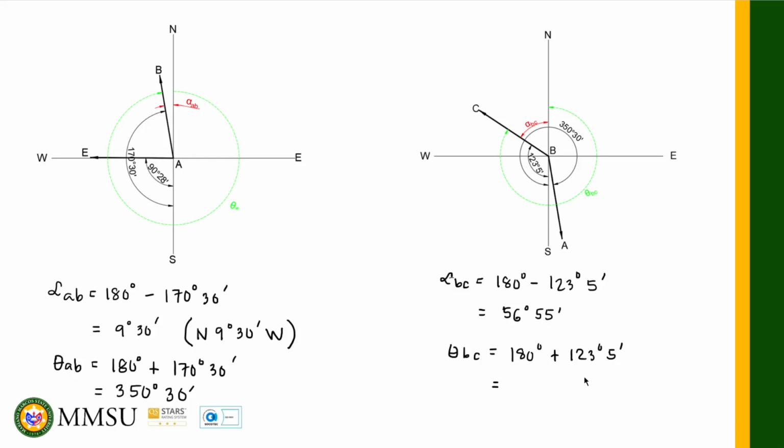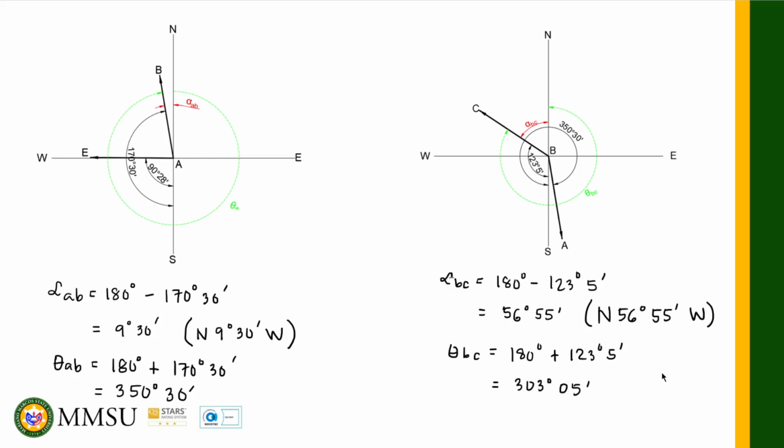So theta BC is 303 degrees 5 minutes. Okay, we did not write the bearing of BC. So the bearing of BC, as you can see here, is from the north going to the west, so that's north 56 degrees 55 minutes west.